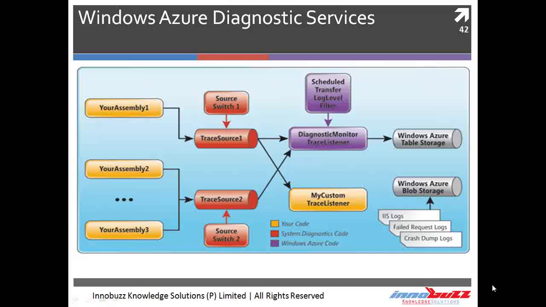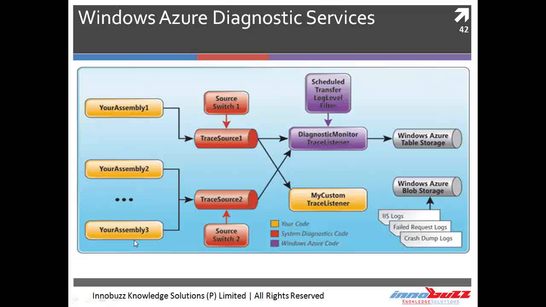The ETW provides a model in which code logs to one or more trace sources, like we see over here. Here is your assembly, here is one trace source, and this is the source switch that goes into the diagnostics monitor.